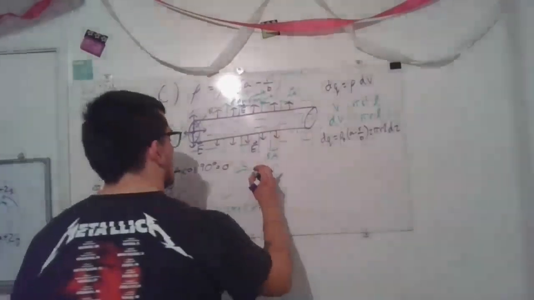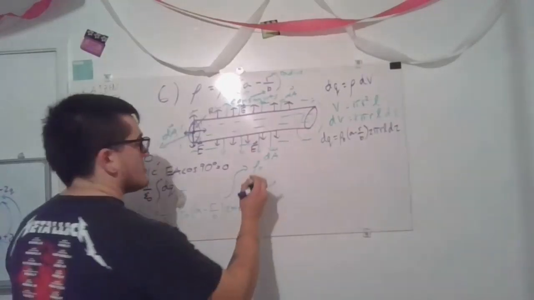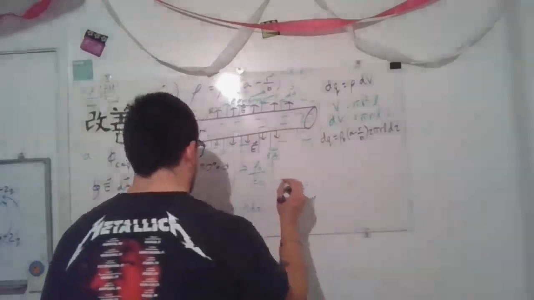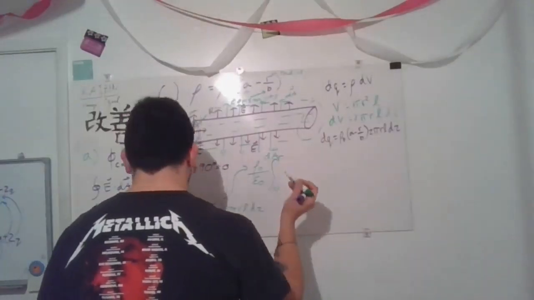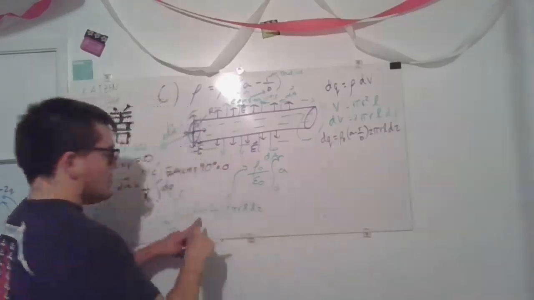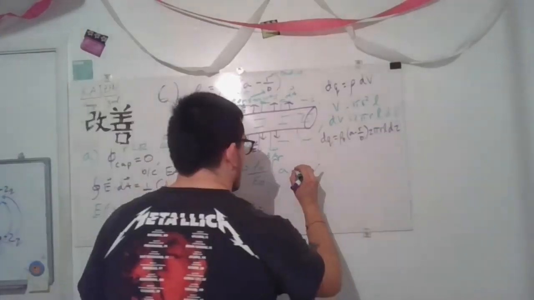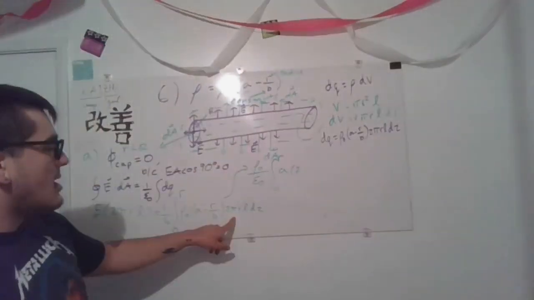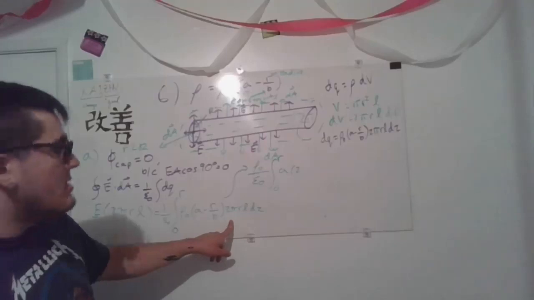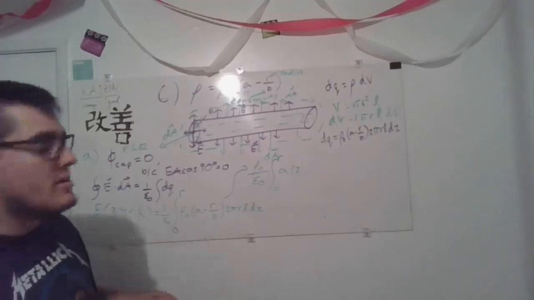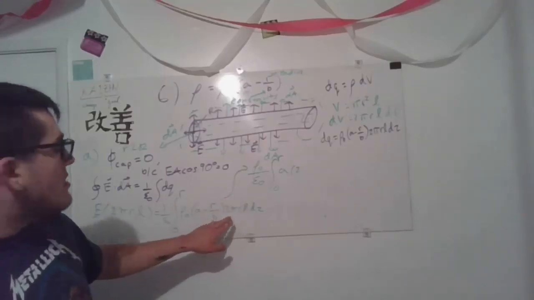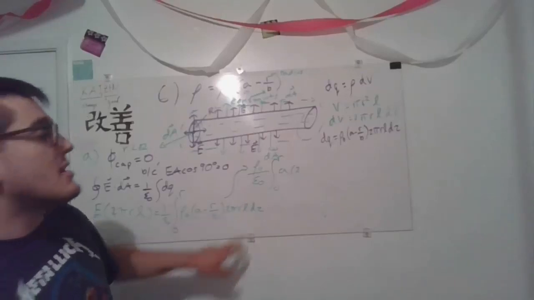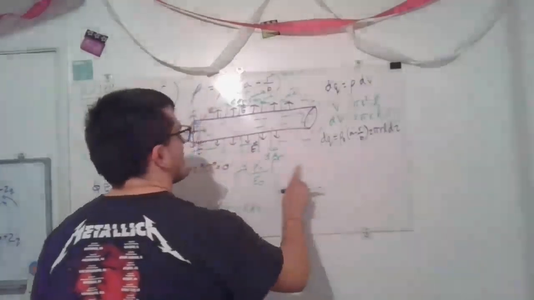So rho naught over epsilon naught, and then integral from 0 to r, A, distribute the A. Now, since this is a multiplication, you might just want to pull out what you think is constant so that way you're not carrying around too much. So let's just do that. Pull out the 2, pull out the pi, pull out the L. All right? Let me just do that.